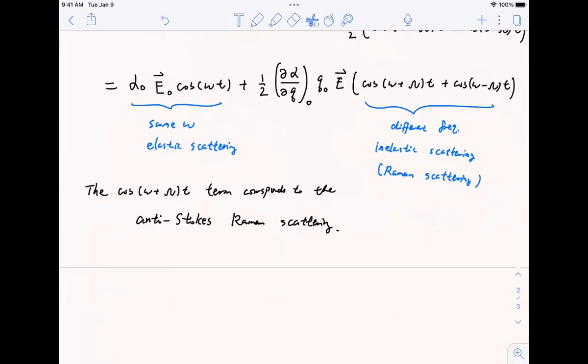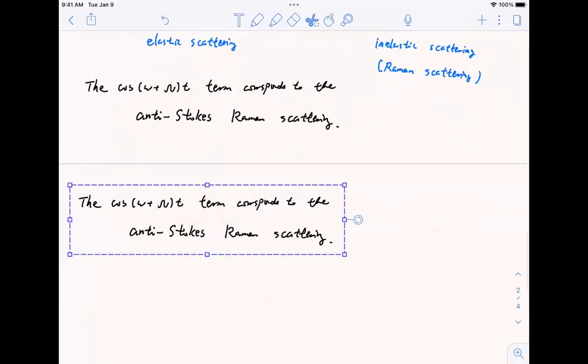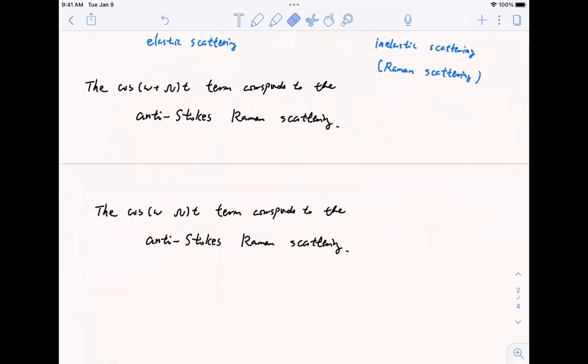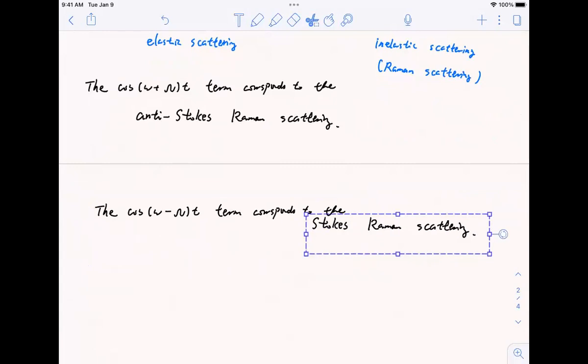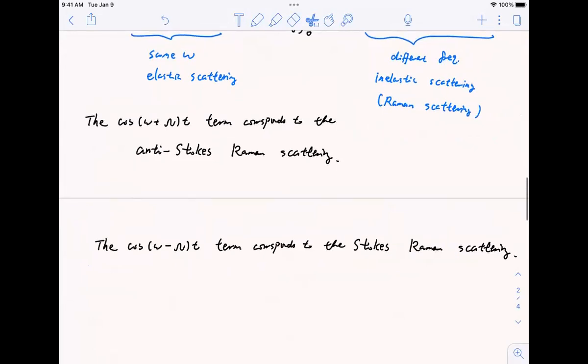And then the same thing. This minus corresponds to the Stokes scattering. Okay, so you have two terms. Stokes is the last name of a person. Raman is the last name of another person. Okay.